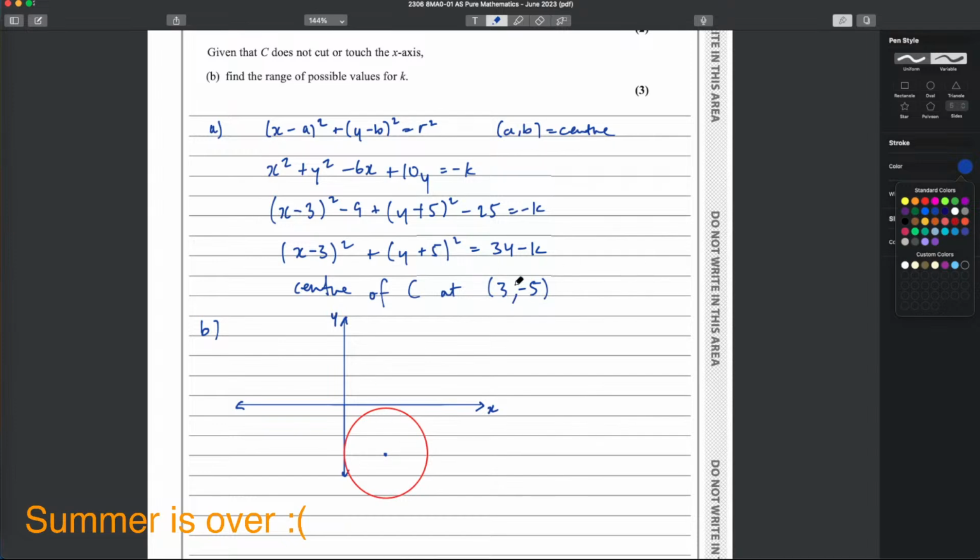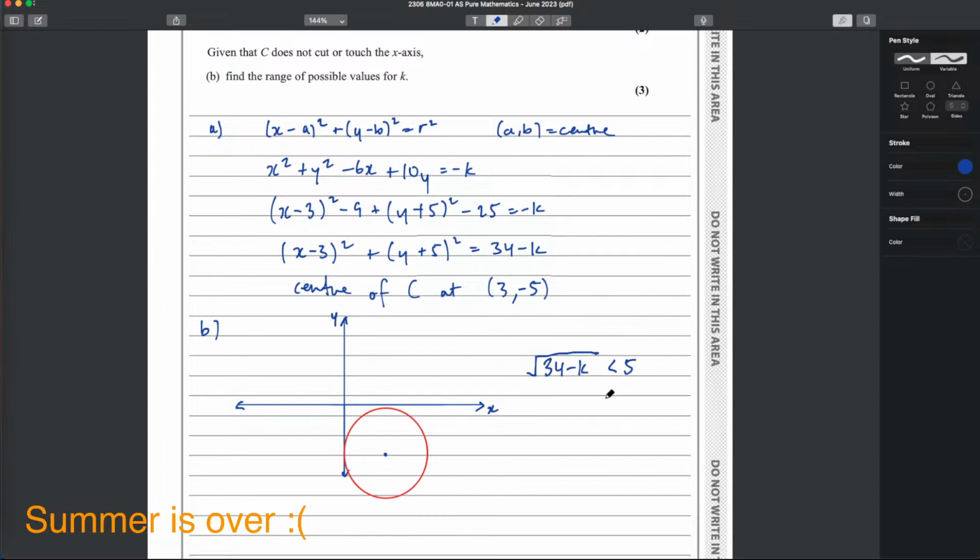Well, obviously 34 take k, remember this is the radius squared, that can't be greater than 5. Or to say that another way, the square root of 34 take k must be strictly less than 5. So I guess this is the inequality we need to solve.